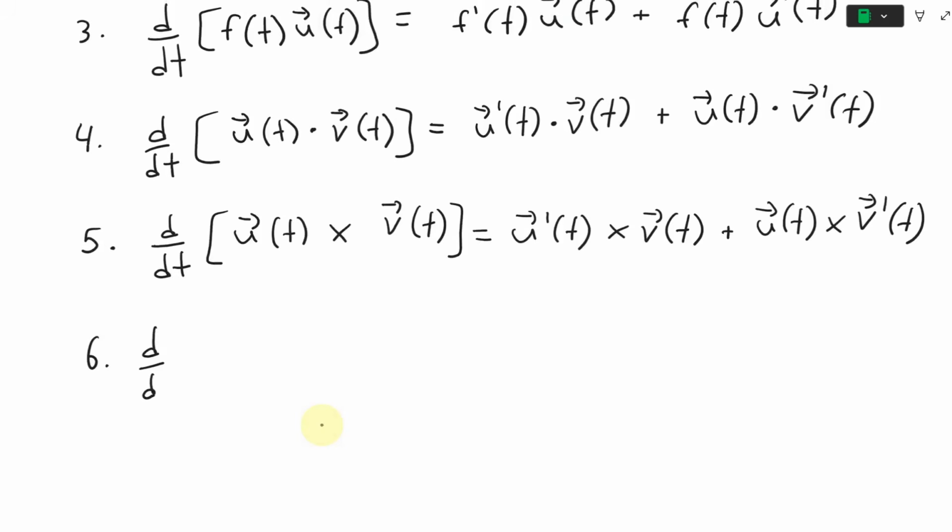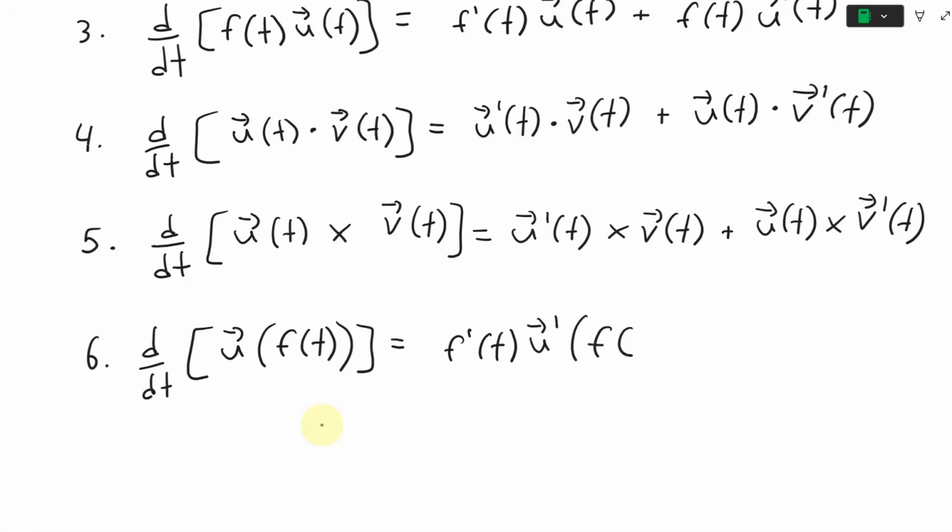So d over dt of u vector, where instead of just a regular t, we have a function f of t inside as a parameter. Using the chain rule, we take the derivative of u, u prime of f of t, and then multiply by the derivative of the inside function, f prime of t. So again, this is just the chain rule.